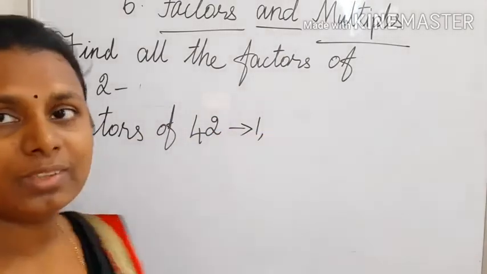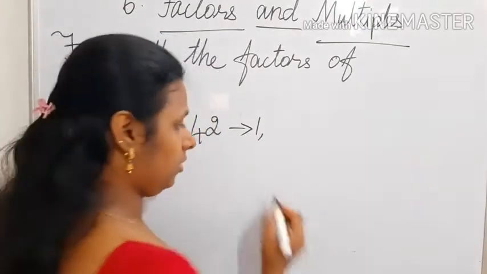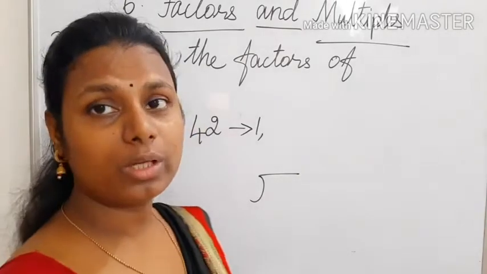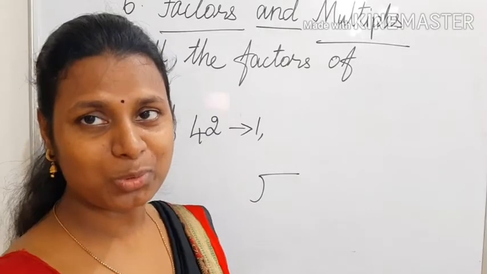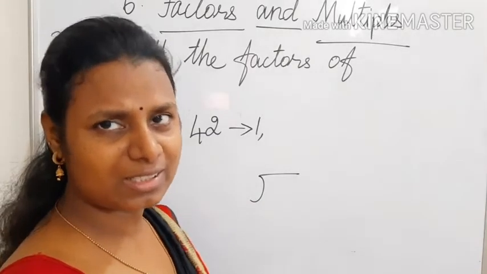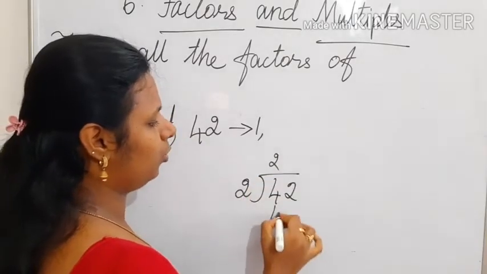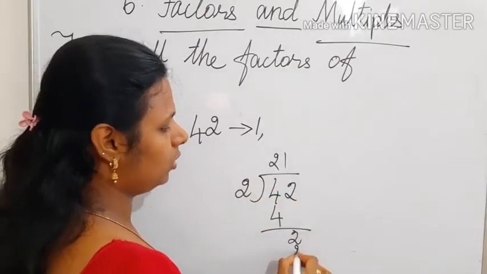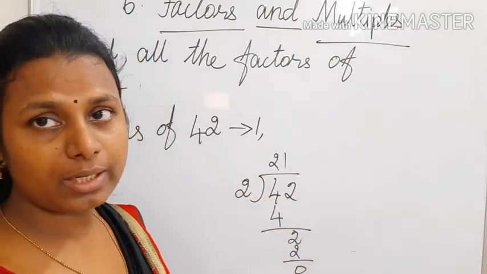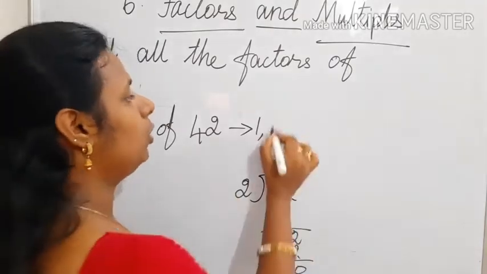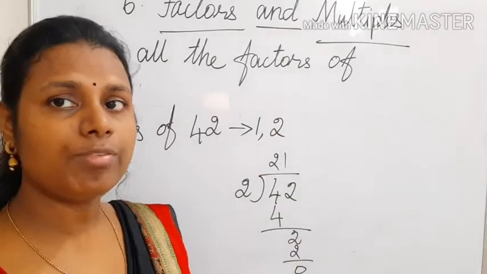Then 42 can be divided by 2, isn't it so? 2 tens are 20, further you don't know, so it's better you divide and see. 42: 2 twos are 4, then 2 ones are 2, so it is exactly divided. So, 2 is a factor of 42.